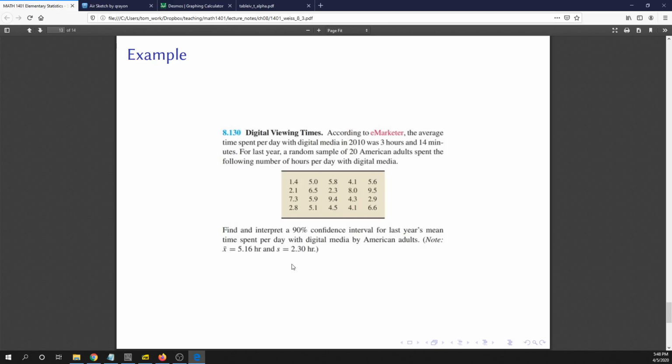So x bar is 5.16, s is 2.30, our confidence level is 90%, and our sample size is 20.